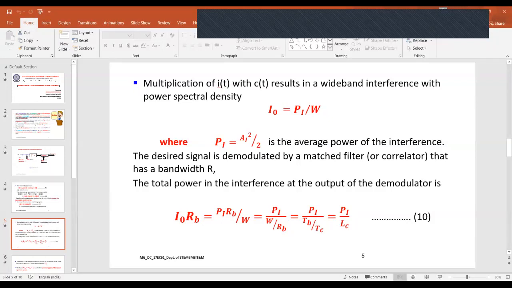So this T_B by T_C is nothing but the processing gain of the spread spectrum system. So that is why I'm writing this is equal to P_I by L_C. L suffix C is the processing gain of the spread spectrum system, which is equal to T_B by T_C. Okay, so please have a note of this equation. Okay, this is the total power in the interference at the output of the demodulator.